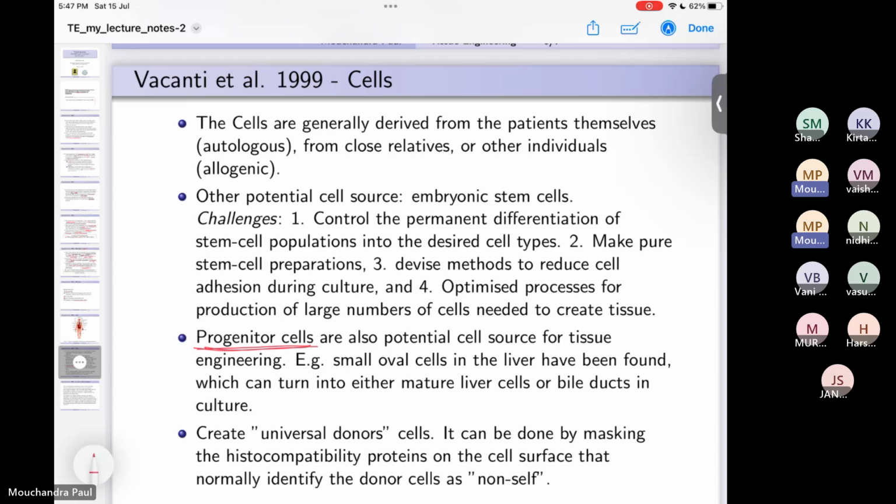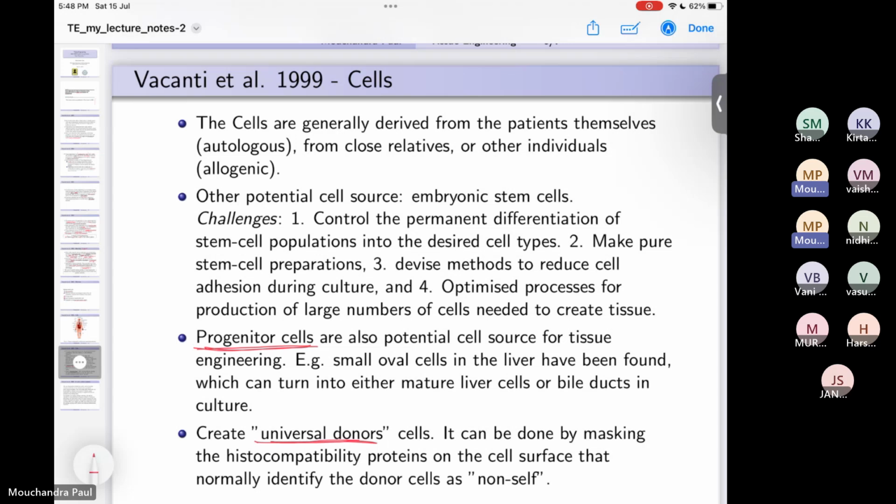And lastly, what we can do is create universal donor cells. So you don't need to worry about taking cells from the patient or from relatives. Also, you don't need to worry about embryonic stem cells, because these cells have a lot of ethical issues connected with them. So why not create a universal stem cell line? These cells could be put into anyone, and they won't be recognized as foreign in the body, they won't display any immune response, and they won't be rejected by the body.